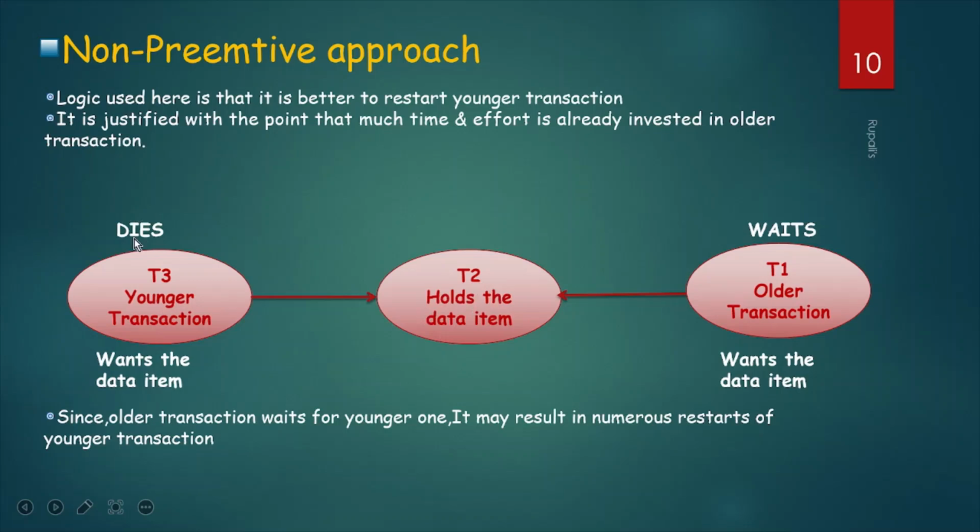Because it is the older transaction, T1 will wait. But if T3, a younger transaction, comes and wants that data item held by T2, then it will die because it is the younger one. It is justified with the point that much time and effort is already invested in the older transaction. Since if the older transaction waits for the younger one, it may result in numerous restarts of the younger transaction.